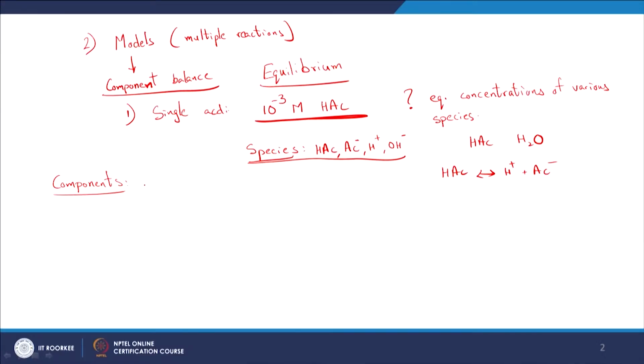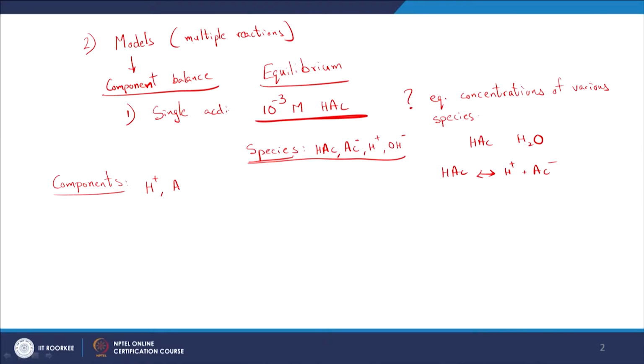So how do you choose components? You are going to choose the H plus in general, always. If you want to, you can choose other components too, but that might require additional calculations. A good rule of thumb is to use the proton, H plus, and then to choose the most deprotonated form of the acid, which in this case is AC minus.